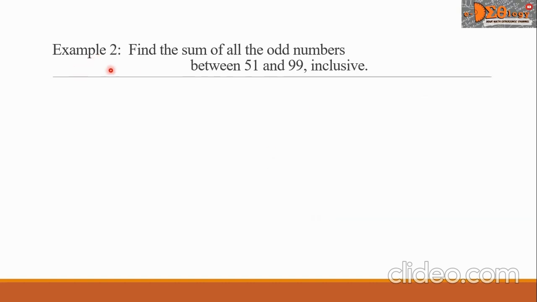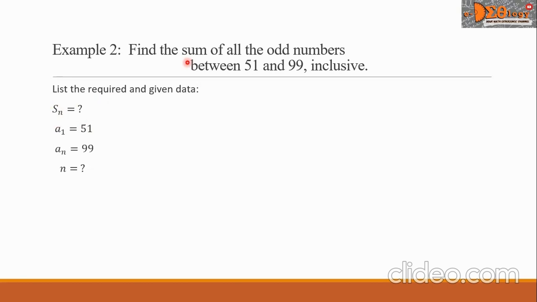Let us have example 2. Find the sum of all the odd numbers between 51 and 99 inclusive. Let us list the required and given data. The first is S sub n.